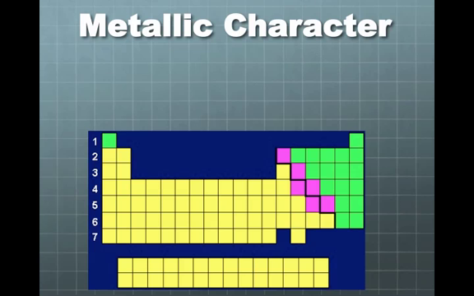Let's start off with metallic character. I have several colors on here, and in class you're actually going to be coloring some maps of the periodic table. The yellow is going to be what we consider metals.